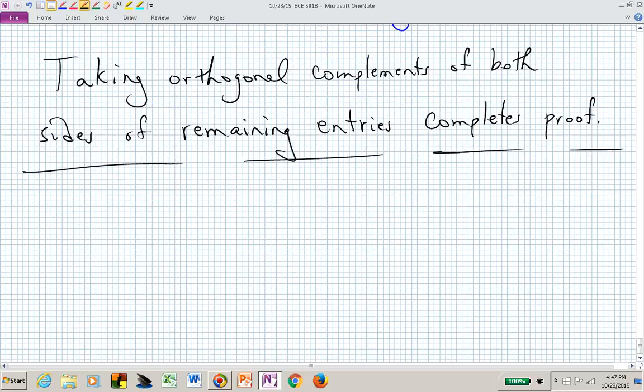Now we have some relationship between T and T dagger in terms of range space and null space. Let's look at what these linear maps, T and T dagger, might look like in a matrix representation.